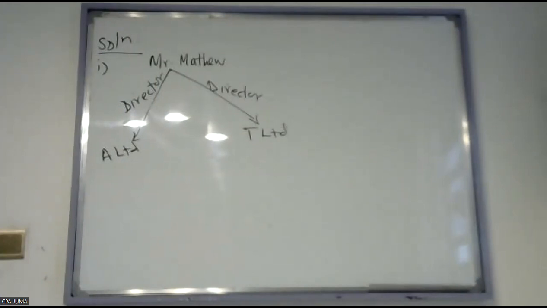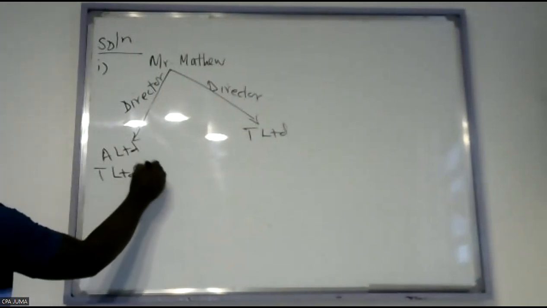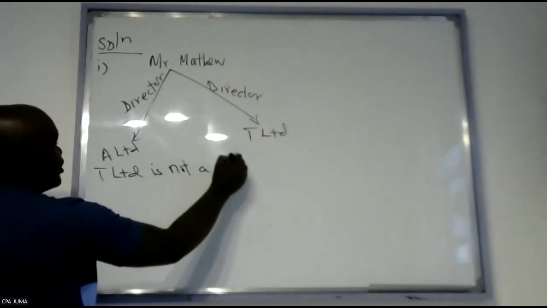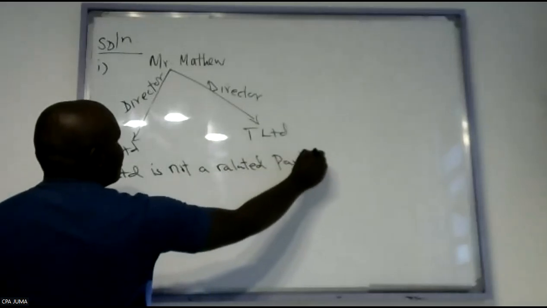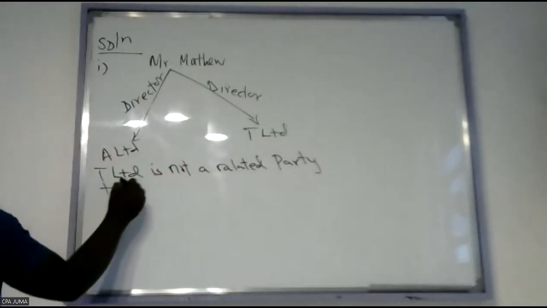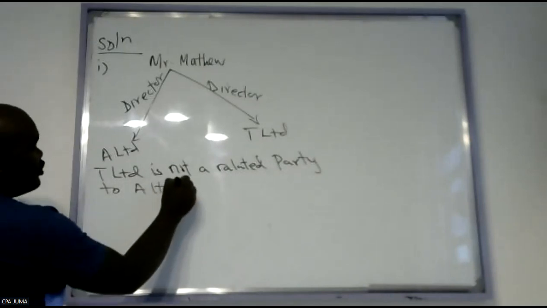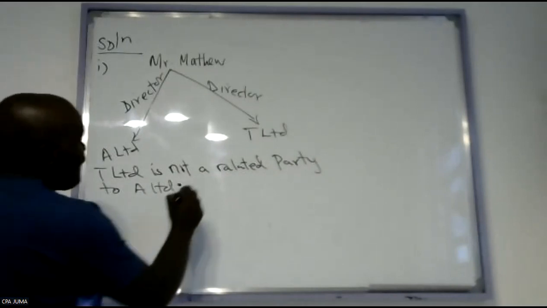So you say here, T Limited is not a related party to A Limited; you can have a semicolon, then continuation.